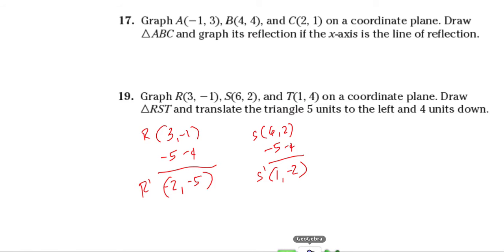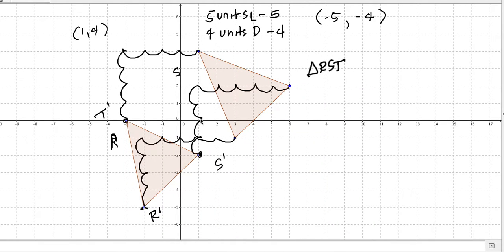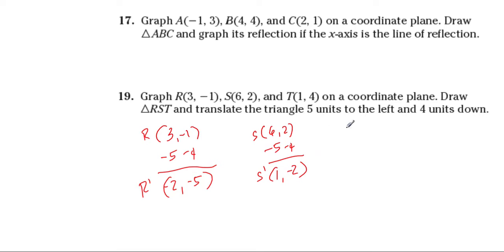You can do the same thing with T, which is 1 and 4: you subtract 5 and you subtract 4, and you end up with our T prime, which is -4 and 0. And that's how you translate triangle RST to triangle R prime, S prime, and T prime.